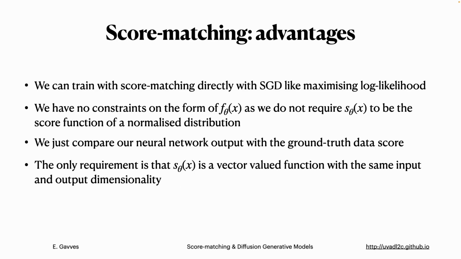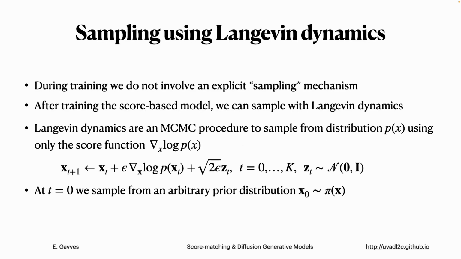So we saw the score matching advantages. How to sample? We discussed how we can evaluate and how we can optimize, but how to sample is always a question with energy-based models, because we don't really have a prescribed probability distribution.